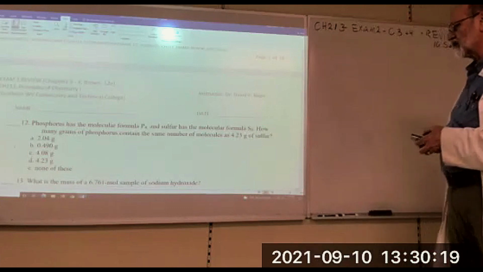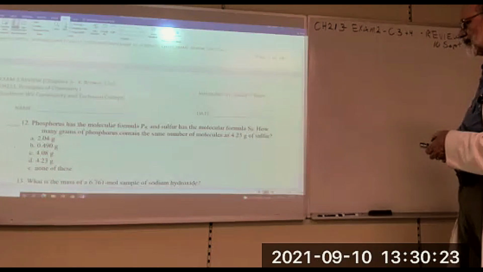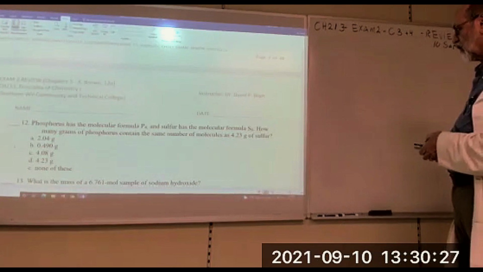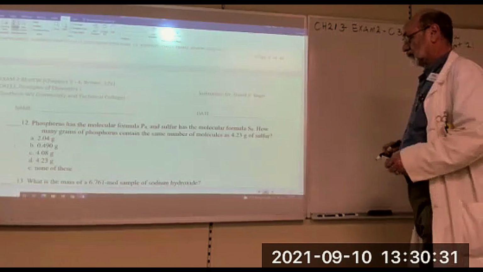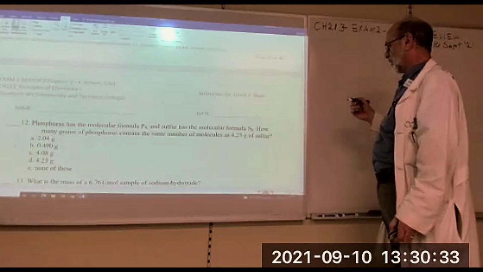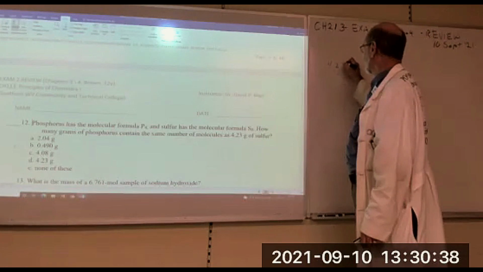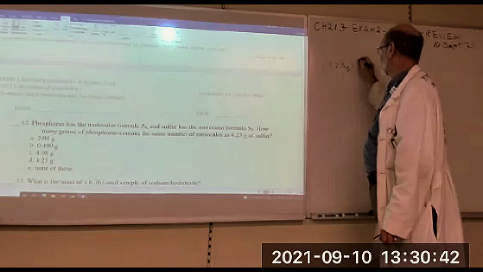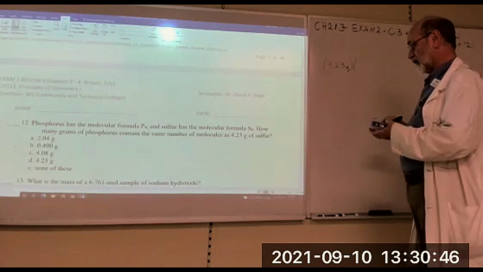Let's see. Phosphorus has a molecular formula of P4. Sulfur has a formula of S8. How many grams of phosphorus contain the same number of molecules as 4.23 grams of sulfur? Well, let's do this one. 4.23 grams of sulfur. So we need to know the molar mass of sulfur.